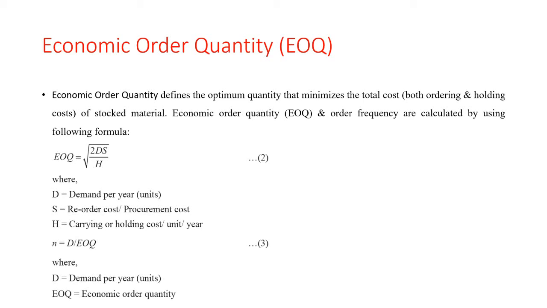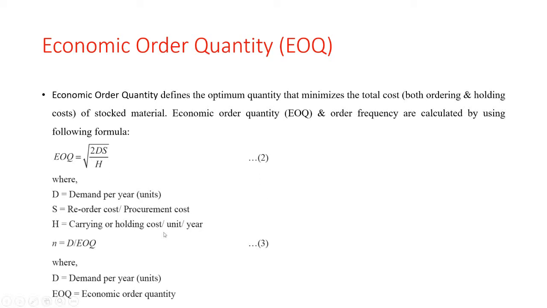The economic order quantity is calculated using the following formula. EOQ, that is economic order quantity, is equal to the root of 2 into D into S divided by H, where D is the demand per year in units, S is the reorder cost or procurement cost, and H is the carrying or holding cost per unit per year.